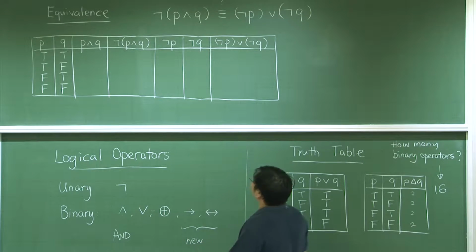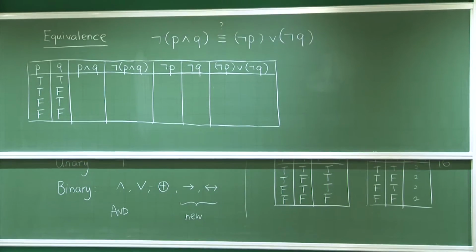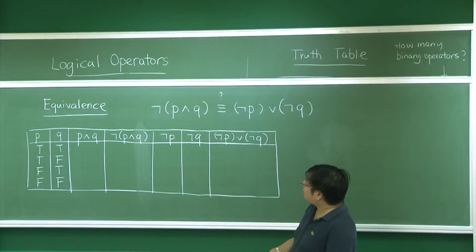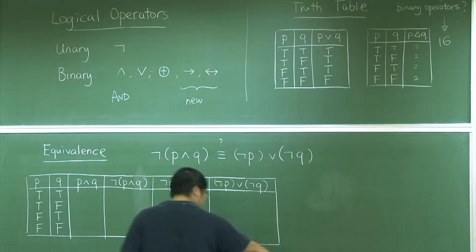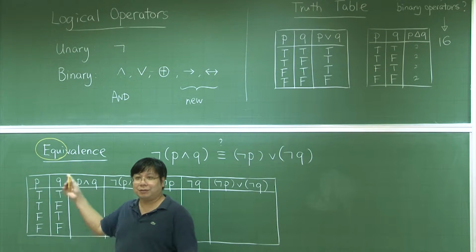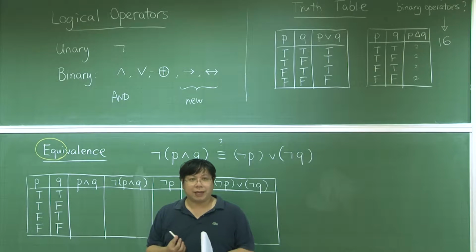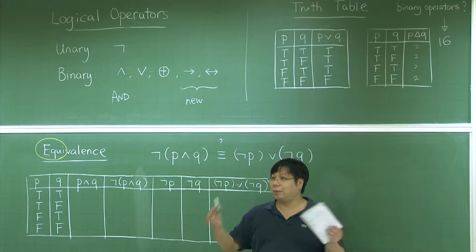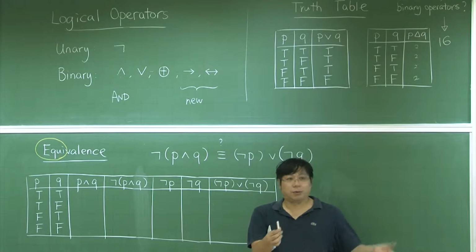Another very useful thing about the truth table is that it can help us prove equivalence. Equivalence means equal value. We are trying to prove that in some cases, two different propositions always give the same value, no matter what the truth values of P and Q are.